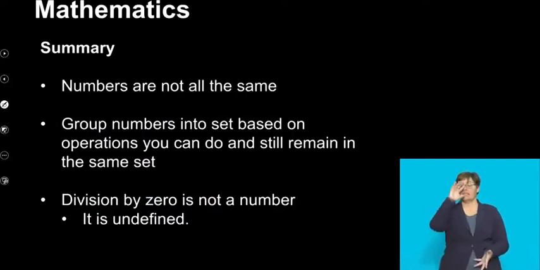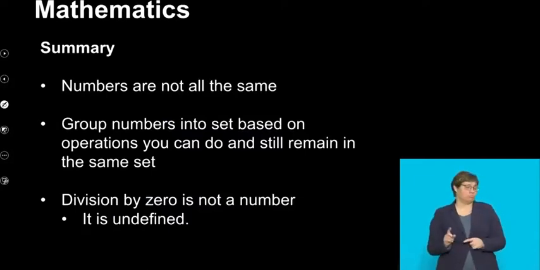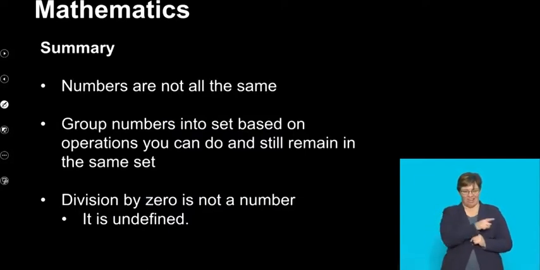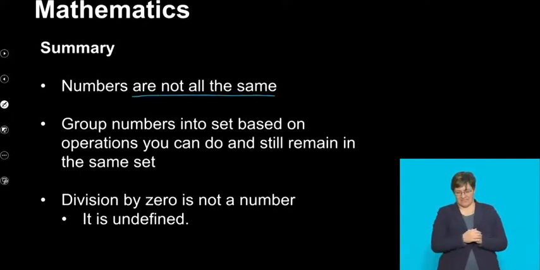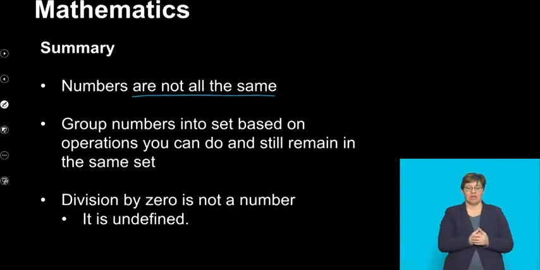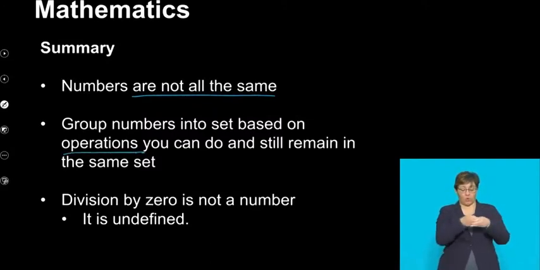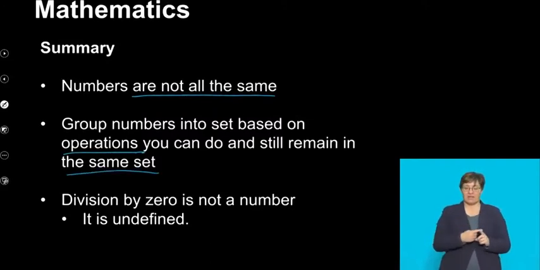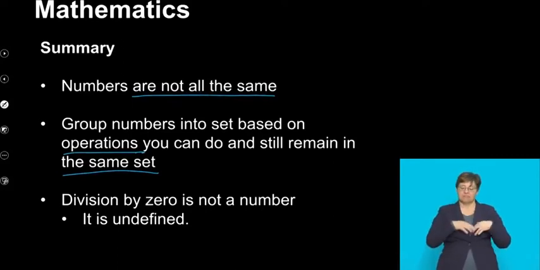All right, so the summary of what we've looked at thus far is that numbers are not all the same. We know this for a fact, guys, that numbers are not the same. We have actually showed you why they are not the same. And then if you group numbers based on some operations, I promise you it will give you a specific set based on those operations.